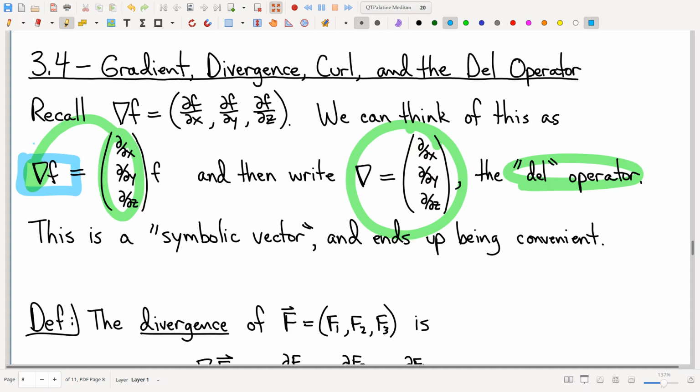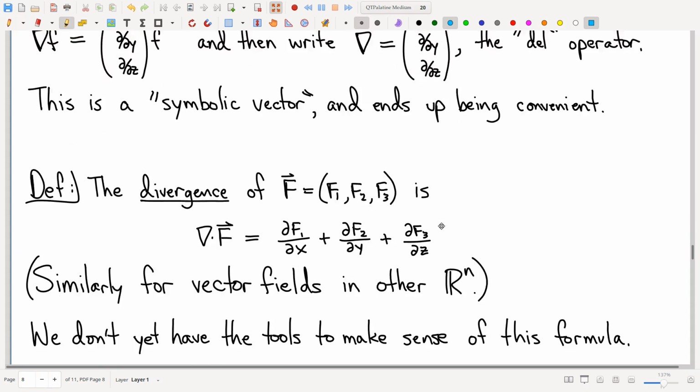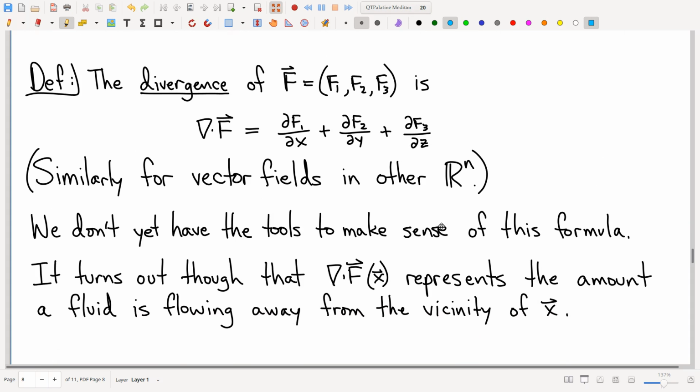Okay, so this is what we call del, and here's one of the several reasons why del is convenient, and that is if you were to try to make sense out of this del dot a vector field. Well, del has coordinates that are like this, and F, such as in that case, has coordinates that look like this.